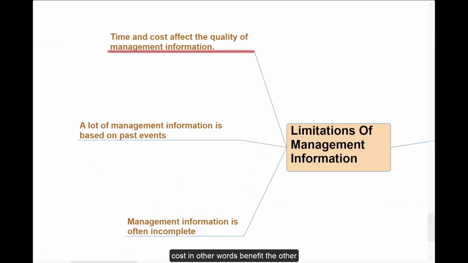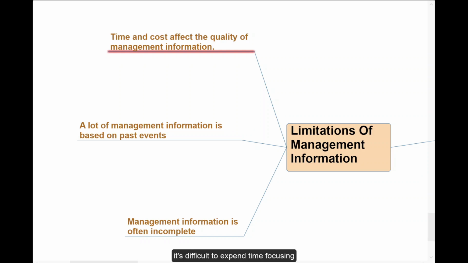In other words, benefit. The other issue for us is really the idea that when we think about transaction processing systems and the transactions of a business, invariably they're historic. The management accountant tends to look forward, or tries to look forward.